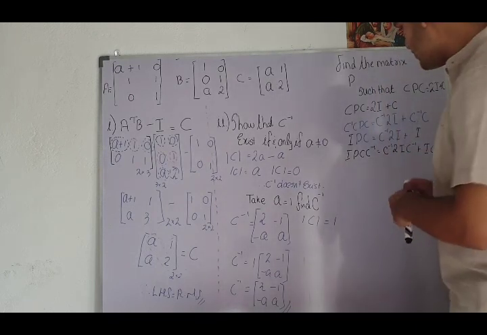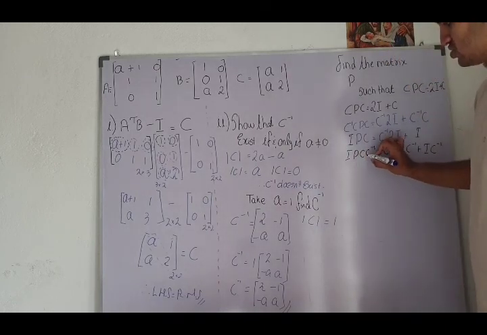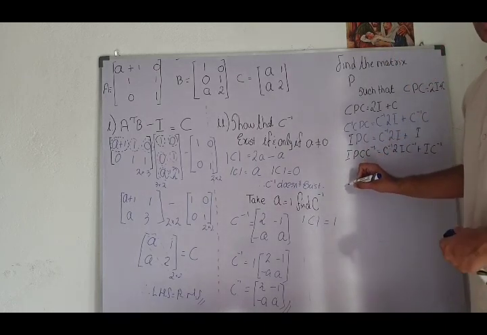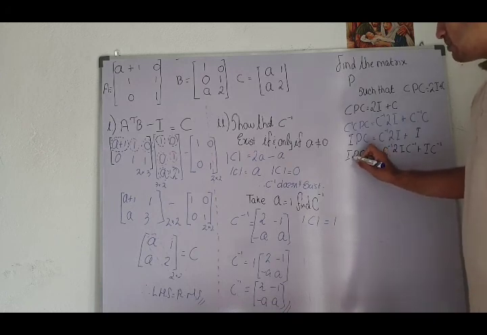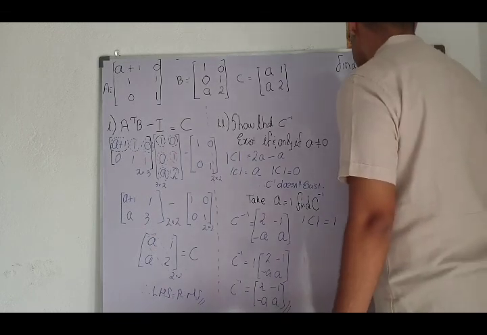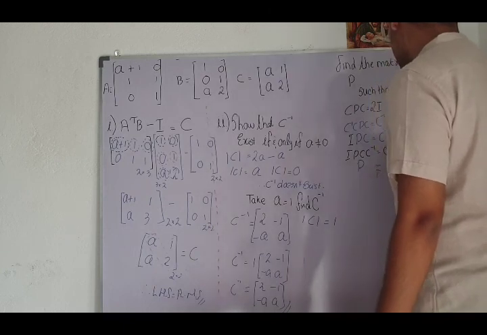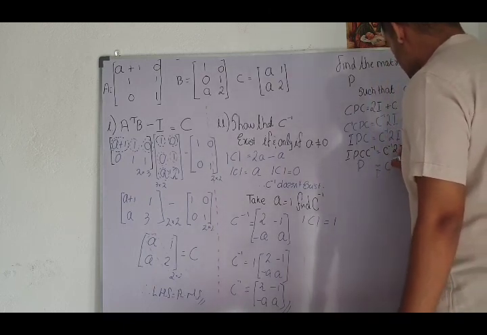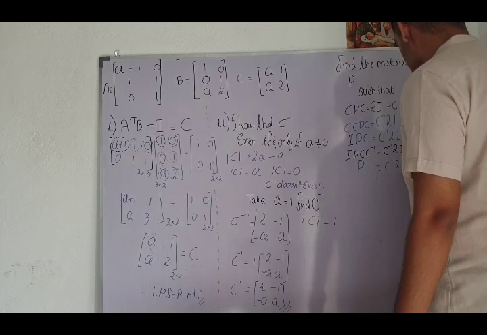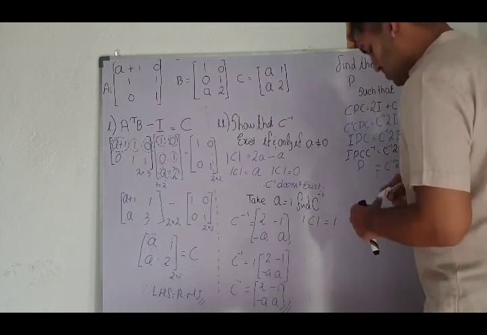So now this is also going to be an identity matrix. If we multiply P by the identity matrix, we will get that specific P matrix again. So I'm just going to write P here. So now we have a clean expression for P: C inverse 2 C inverse plus C inverse.